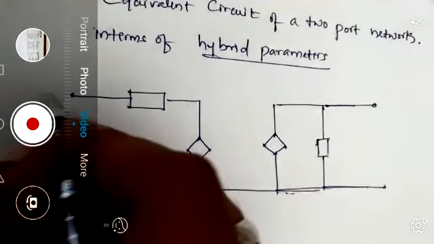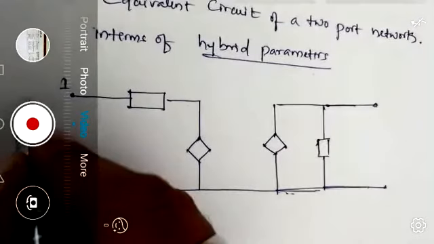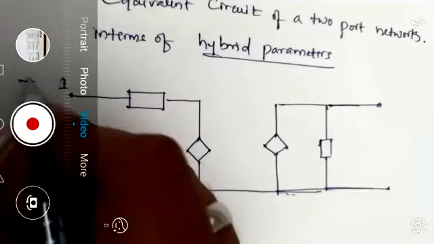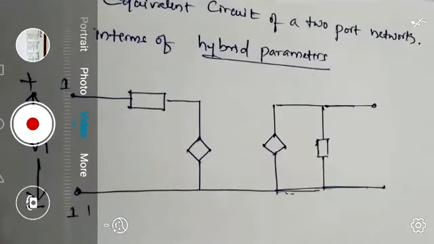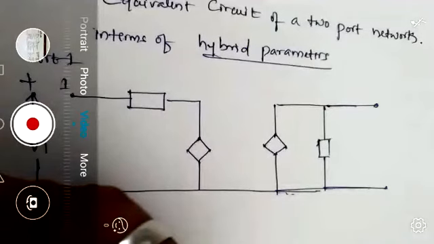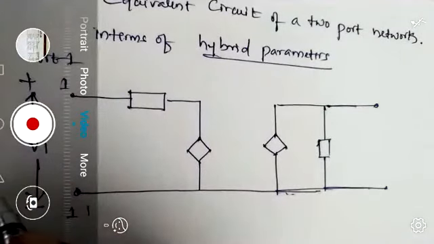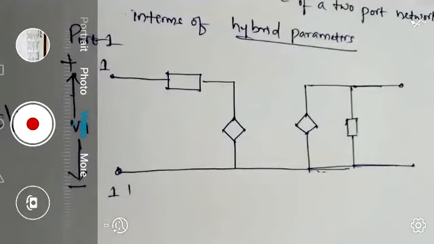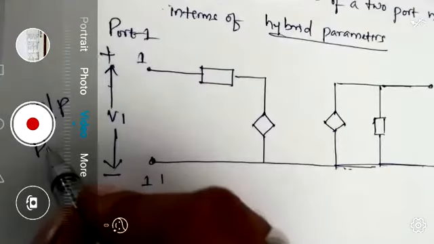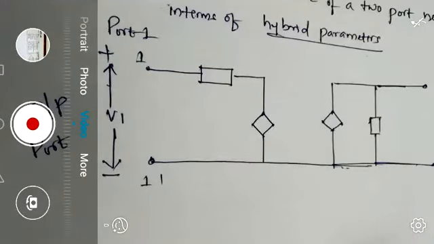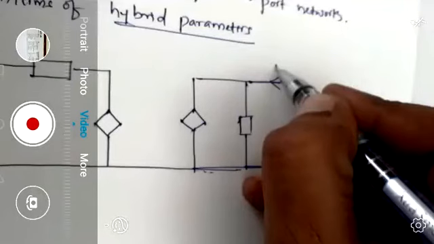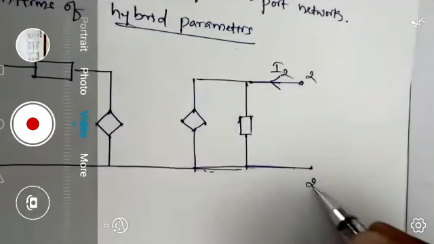This is port 1, the input port. Now current I2 is entering to 2 dash.